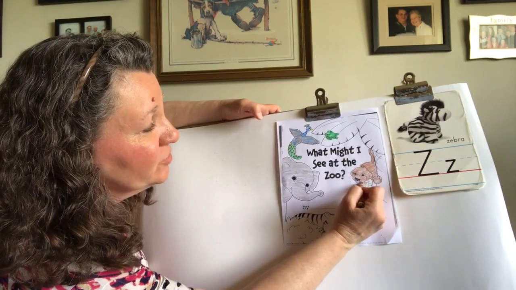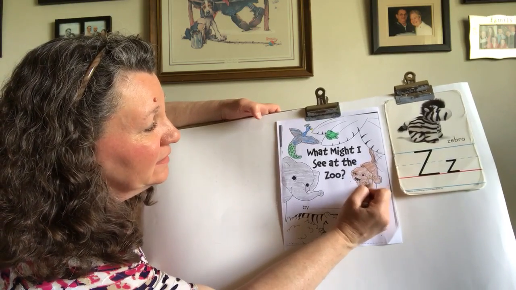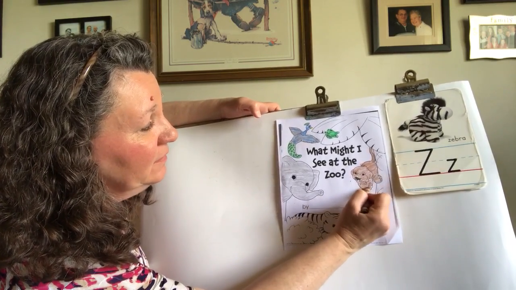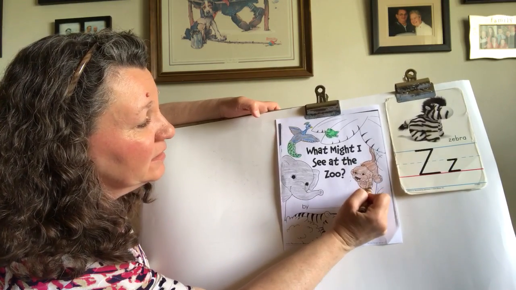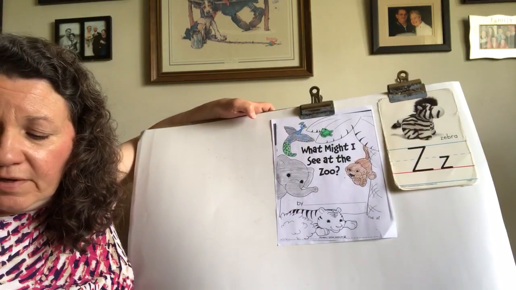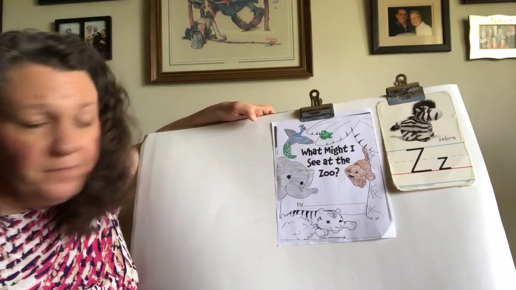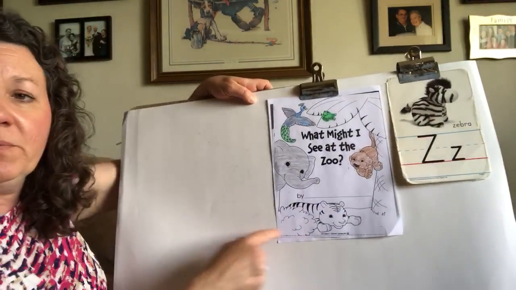He's holding onto the tree there with his tail, his feet. Okay, so there's our monkey. I think I'll give my monkey a little red tongue. Take my red crayon and just give him a little red tongue here. Right there, that's it. All right, and down here, what do we have?